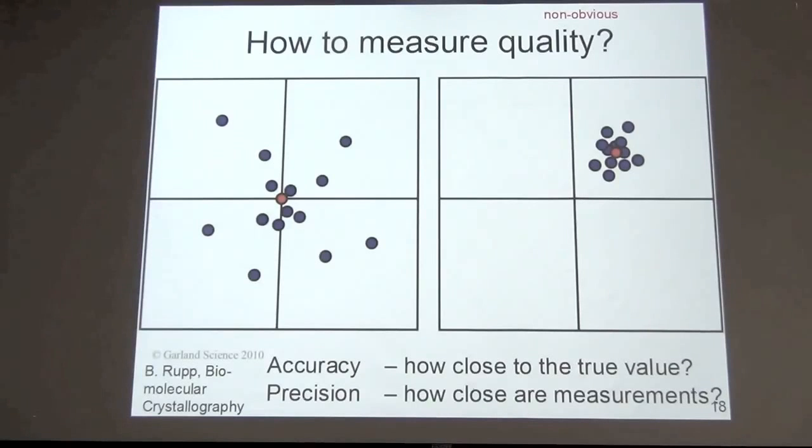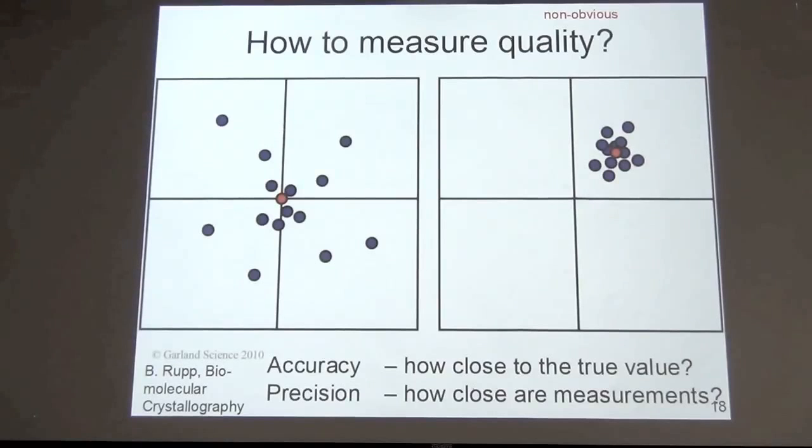And these two figures I took from Bernhard Rupp's book. The left figure shows an experiment where we measure a quantity, let's say in two-dimensional space, and each of the blue measurements represents one observation, with an x and y coordinate.